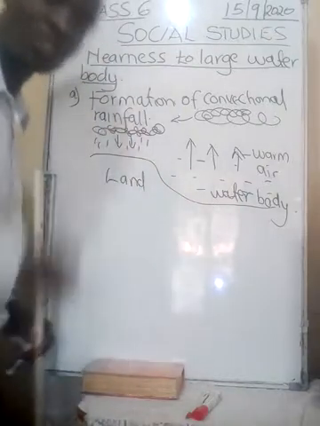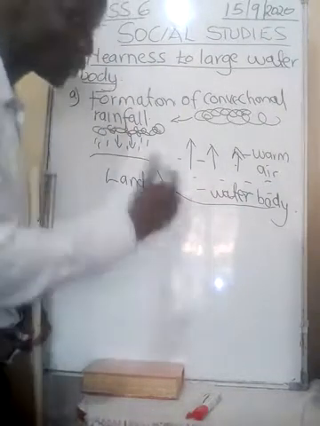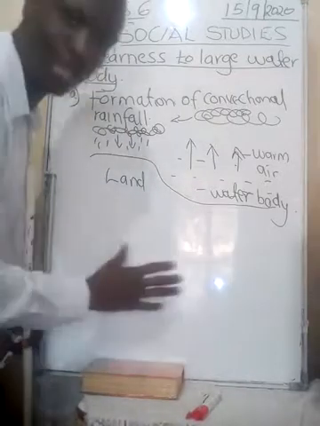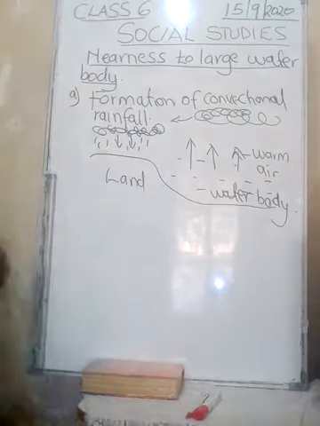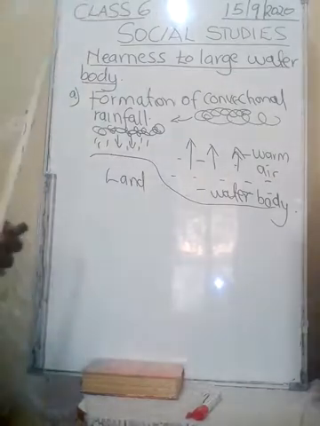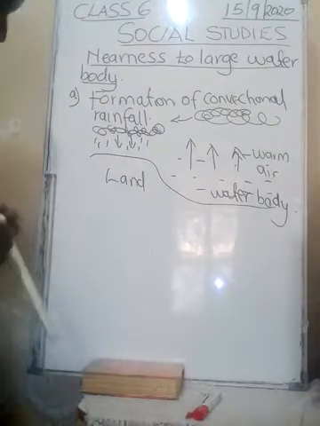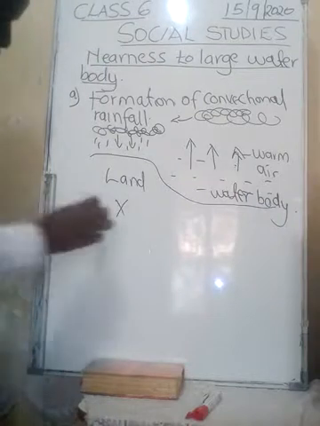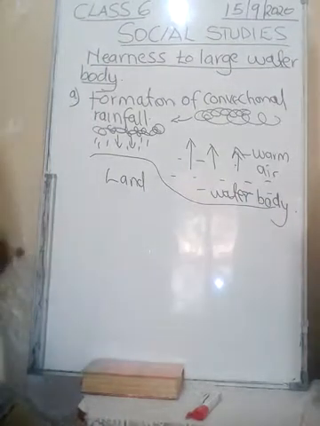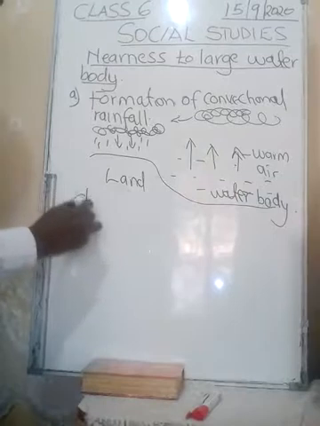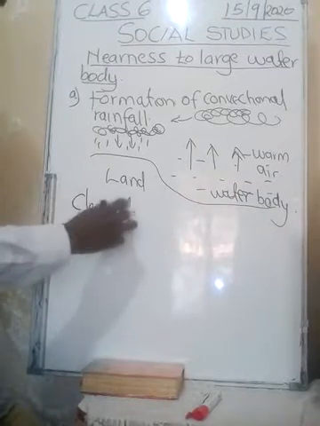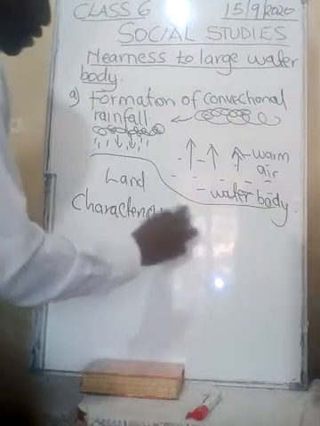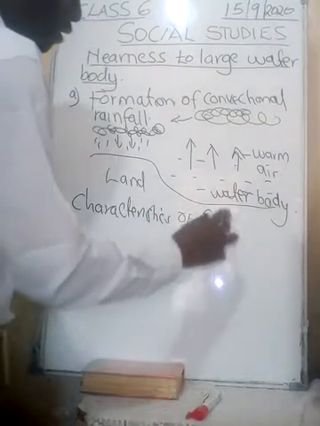When we have continuous convectional rainfall, it causes the place to experience enough rainfall, hence they are able to carry out farming. So we want to see the characteristics of convectional rainfall.